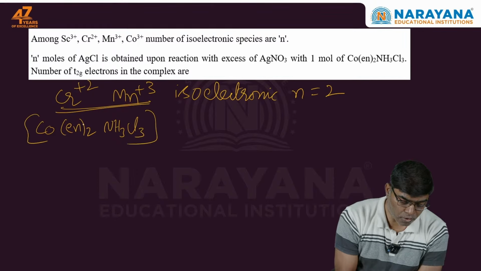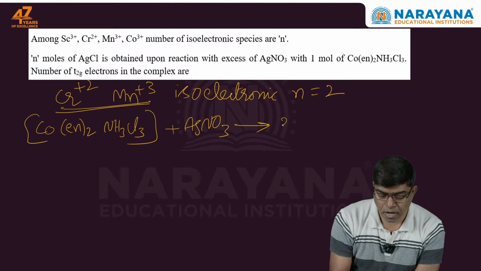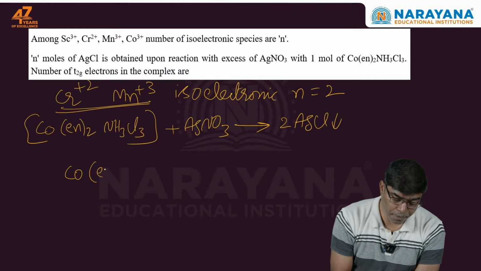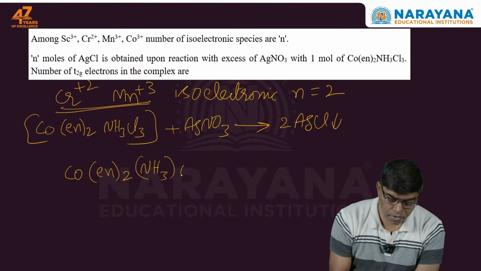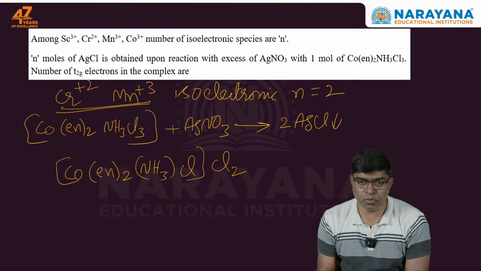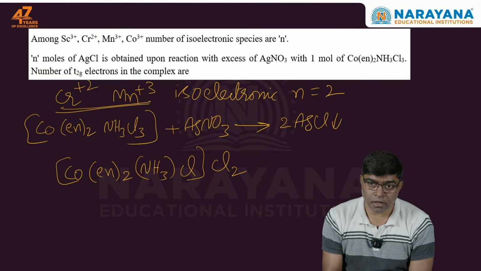Co(en)2NH3Cl3. Now this is treated with some silver salt, I mean AgNO3, and we got 2 moles of AgCl, and that has to be Co(en) taken twice, NH3, Cl, and there have to be 2 Cl outside to give those 2 AgCl precipitates. So this must be the complex. Fine, we got the complex.